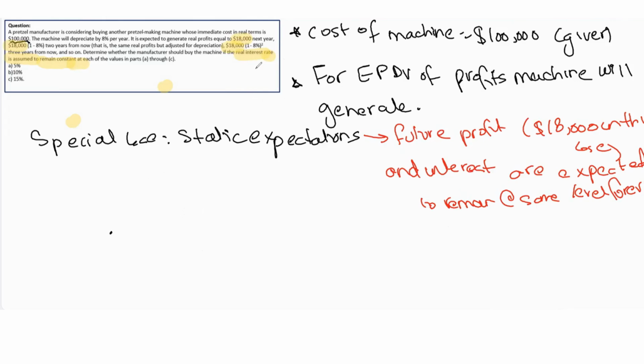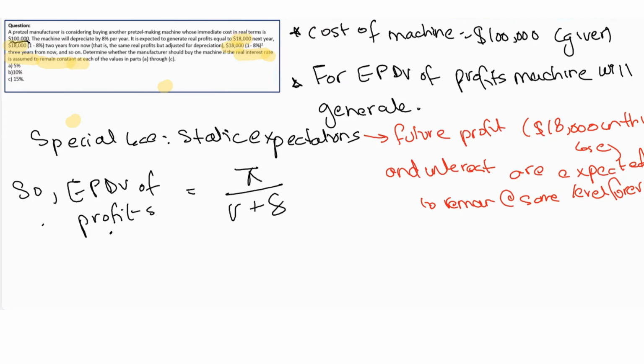The real interest rate is assumed to remain constant, and we'll do it for three different constant values of the real interest rate. We're told in the first year the profits turn out to be 18,000 and next year 18,000 times (1 minus 8%). So the real profits remain the same, they're just adjusted for depreciation each year. In the special case of static expectations, the formula for expected present discounted value of profits, as the text has derived, turns out to be pi divided by r plus delta, where pi is your constant annual profit.